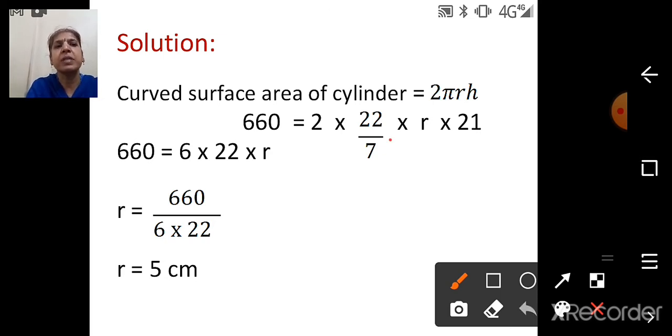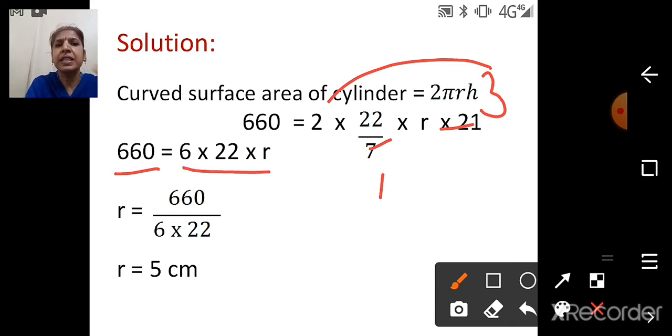So we can solve this part. 7 ones are 7, 7 threes are 21, right? Then what is remaining? 660 is equal to, now 2 and 3 you have to multiply, they are the simpler numbers. So you will write here 6 into 22 into r, right?